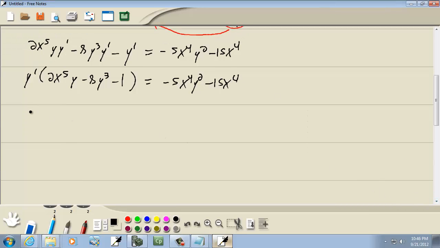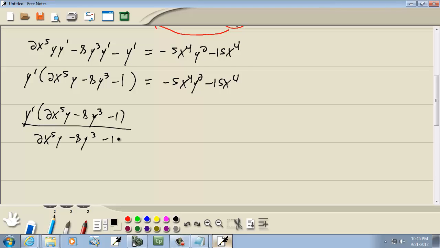And now we're going to divide both sides by what's behind our y prime, which is 2x to the 5th y minus 8y to the 3rd minus 1. And we'll do the same thing on the right side. So we got 2x to the 5th y minus 8y to the 3rd minus 1.